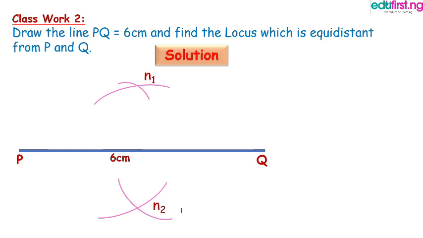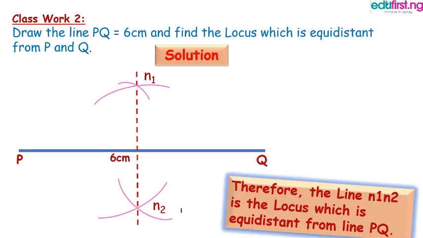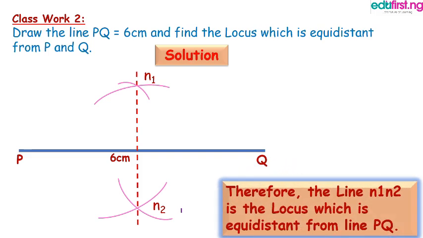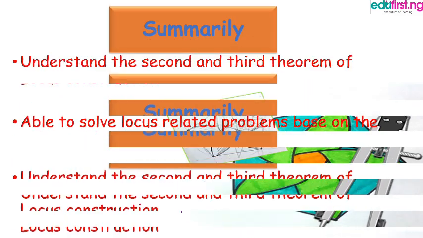So what we need to do is just get our ruler and join points N1 and N2 to get our straight line, which is the locus. So the solution is telling us that the line N1 N2 is the locus, which is equidistant from P and Q. That means from P to the middle is the same as from the middle to Q.